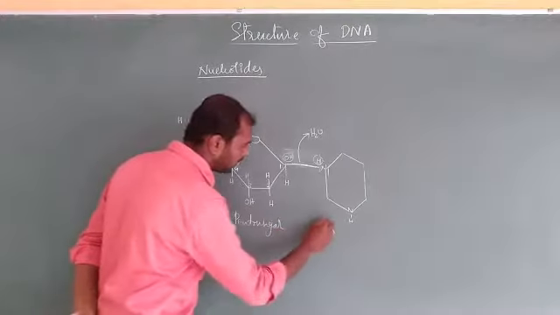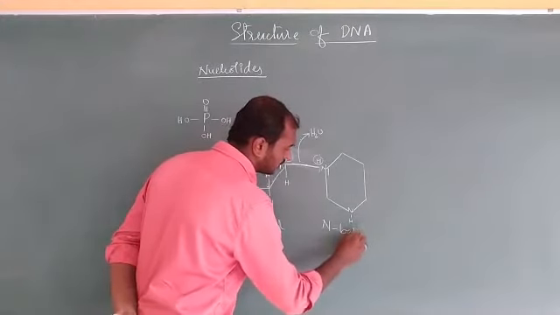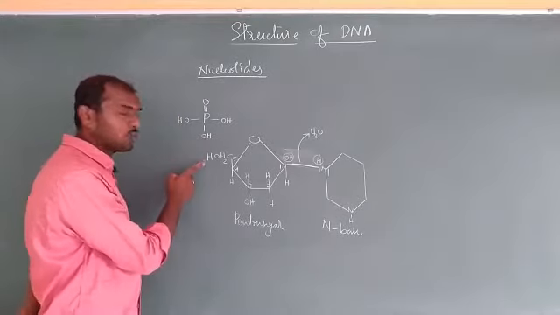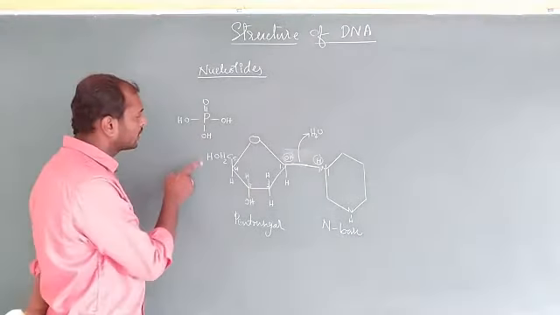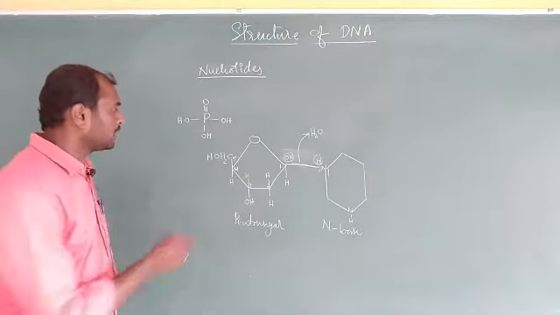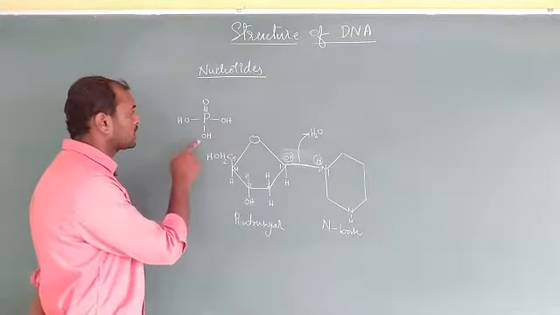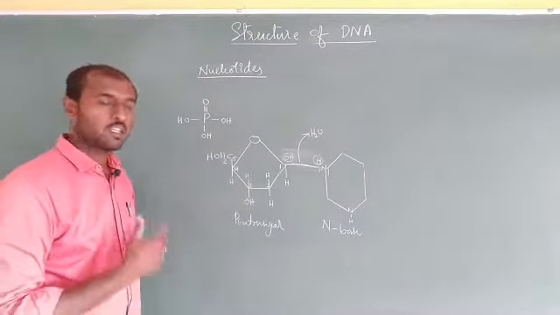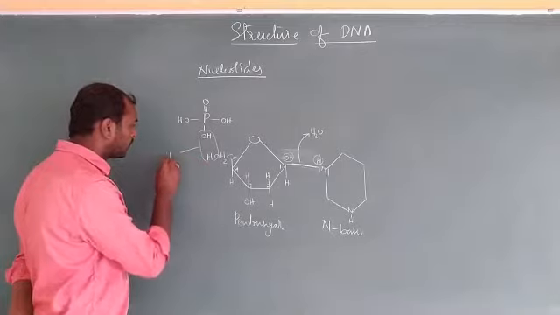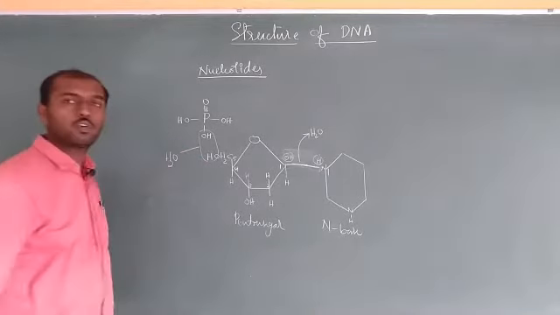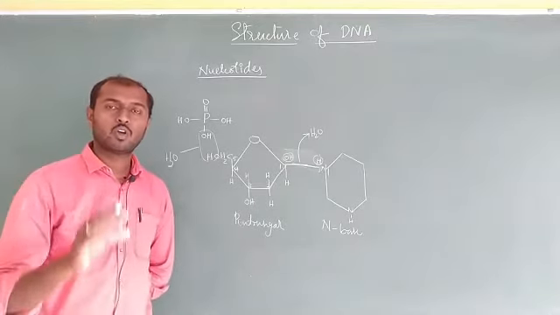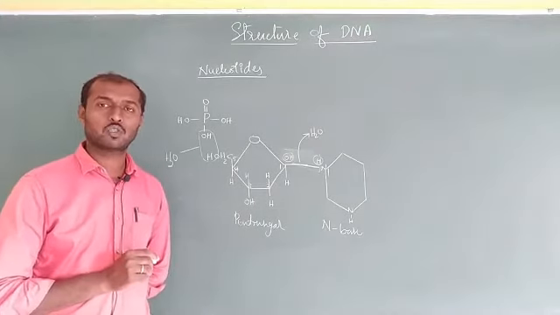Here also the same thing happens: when the CH2OH interacts with the phosphate, there is also elimination of H2O. This elimination of H2O forms a bond that helps in holding the sugar with the phosphate.